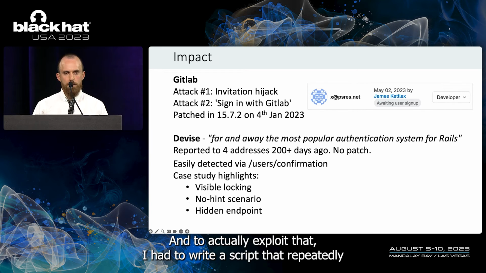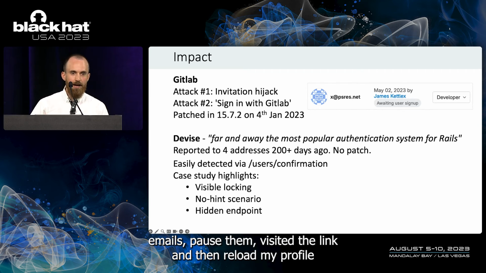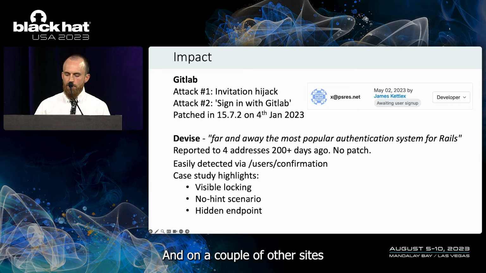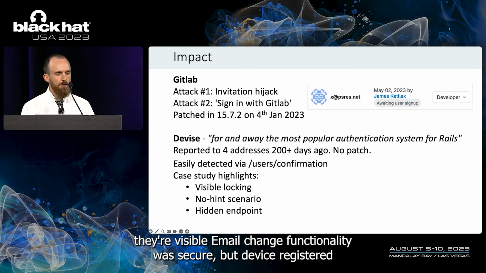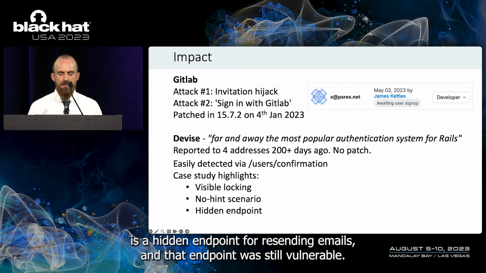And to actually exploit that, I had to write a script that repeatedly triggered the emails, received the emails, parsed them, visited the link, and then reloaded my profile in order to work out which email address actually got confirmed. And on a couple of other sites, their visible email change functionality was secure, but devise registers a hidden endpoint for resending emails, and that endpoint was still vulnerable.